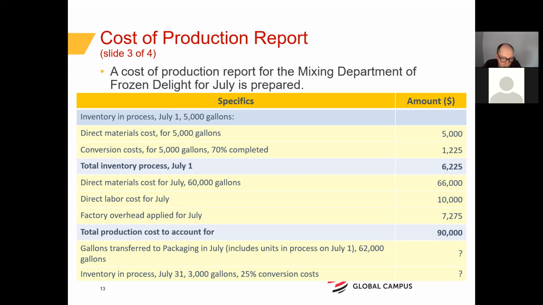And we identify the total production cost for the month of July for the mixing department, in this case, $90,000. Now, how we got there, you have your beginning inventory, you have inventory that's already been completed, you have your direct materials, direct labor, factory overhead.